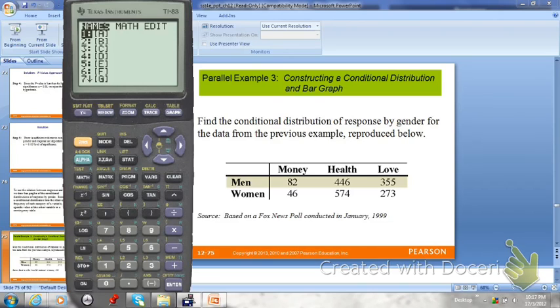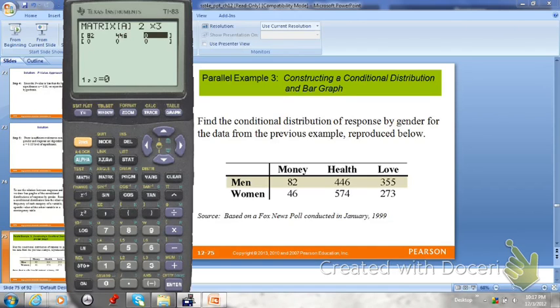If you're running this kind of test on a graphing calculator like I'm about to do now, you're going to want to go into matrix. You're going to want to slide over to edit. For matrix A, hit enter. The dimensions are 2, enter, 3, enter. Okay, dimensions are 2 by 3. You're going to type in all the cell counts like 82 and 446, and you see where I'm reading that from, right?